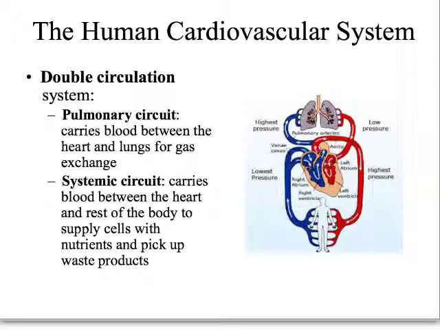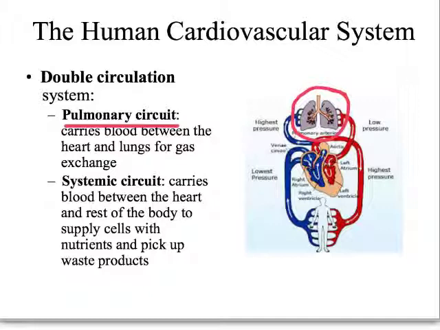The human vascular system is a double circulation system because we actually have the blood going to two main different parts of the body. We've got what's called a pulmonary circuit, which carries blood between the heart and the lungs for gas exchange, because we need to get rid of the carbon dioxide that the cells produce as waste, and we need to get more oxygen for the cells to use during respiration.